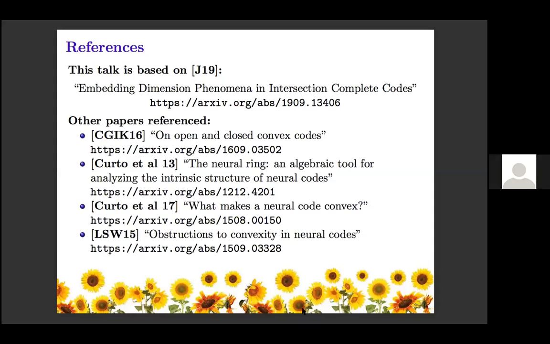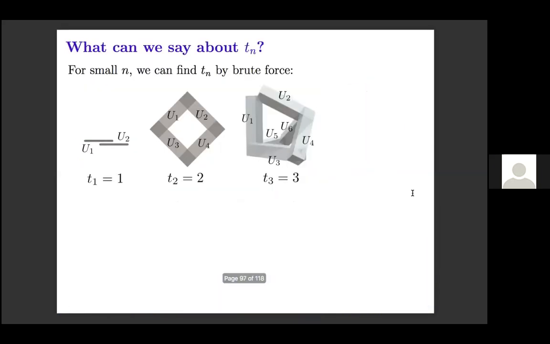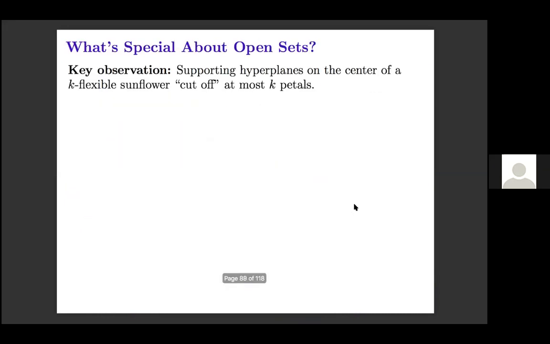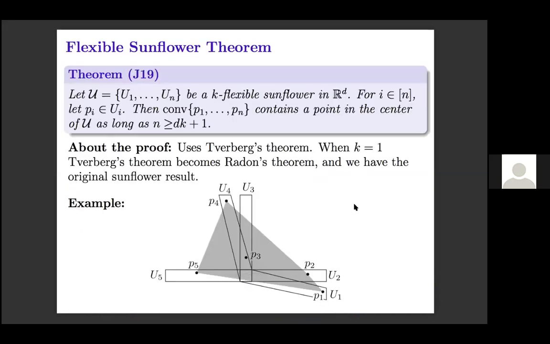Yeah, I would have a question about the k-flexible sunflower. It seems to me that in terms of the embedding dimension, it's not just restricted by the level, or the number of neurons you allow to intersect besides the center, but also the cross section.